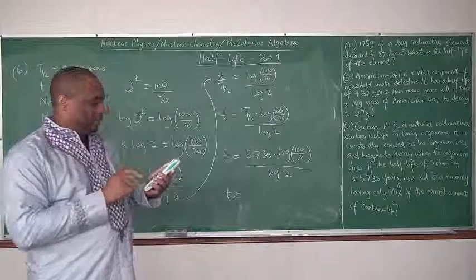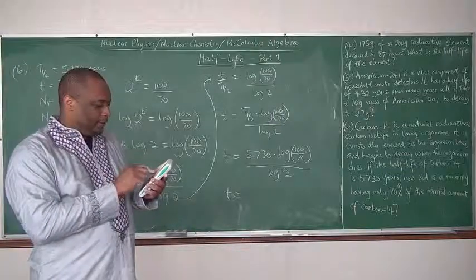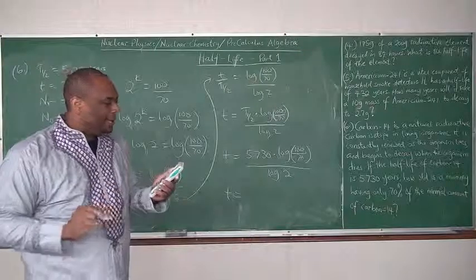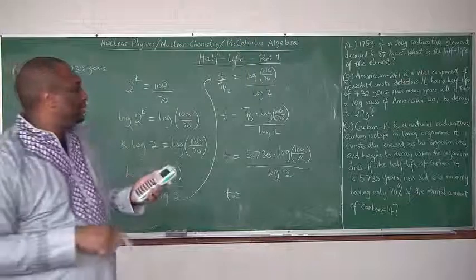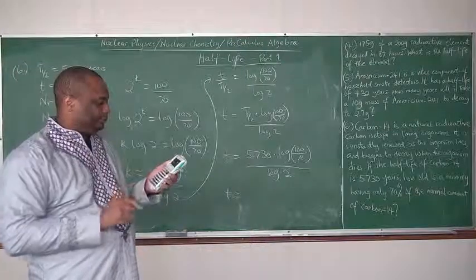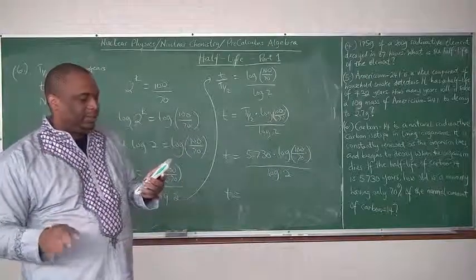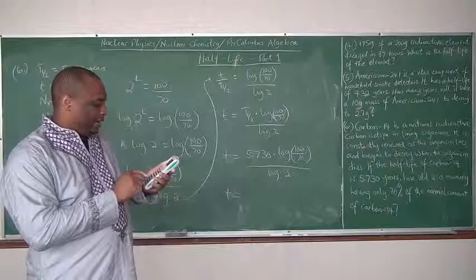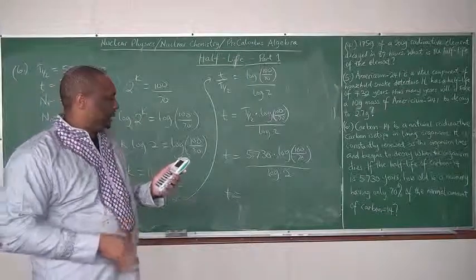I get the log of the answer. That gives me 0.1549096. Then times 5730 gives me 887.5882307 divided by log 2.